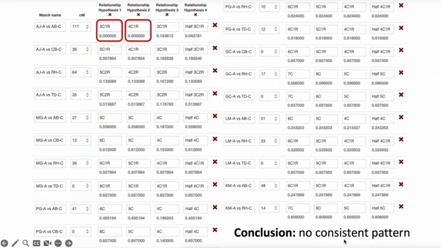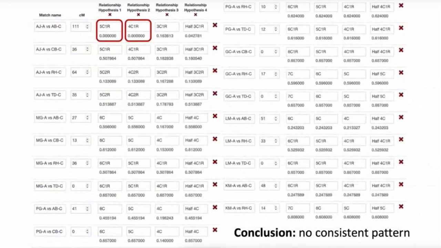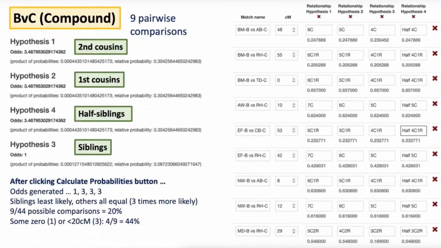But really, in this comparison between Family A and Family C, there was no overall consistency in the analysis, and the results are questionable.